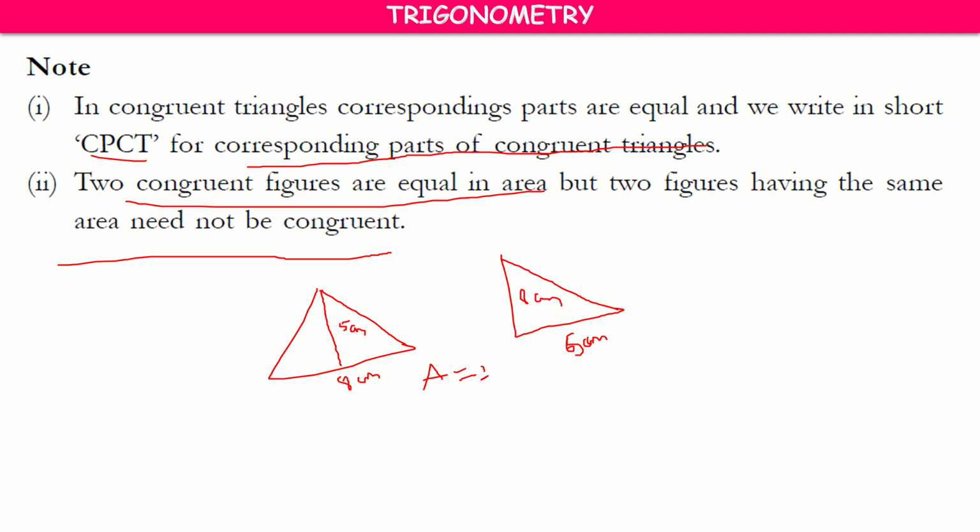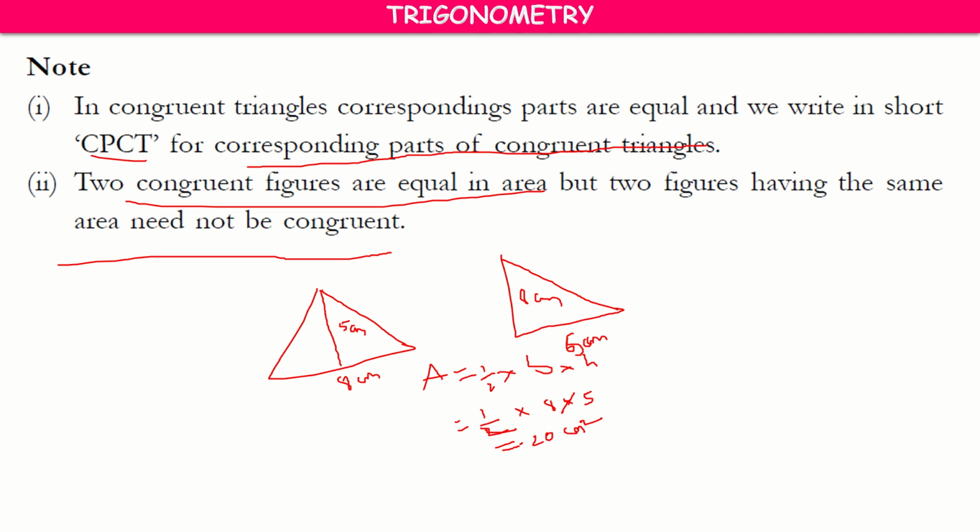For the first triangle, base is 8 and height is 5, so the answer is 20 square centimeters. Here also it becomes 20 square centimeters.